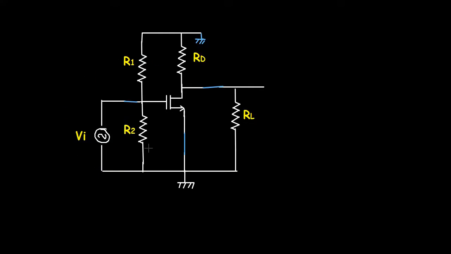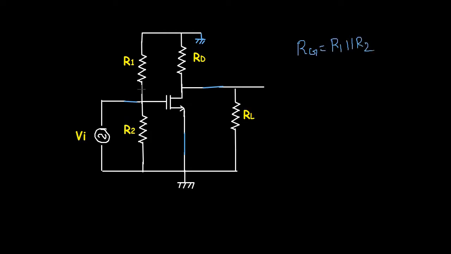In this figure we can identify that R1 is connected between the gate and ground, and R2 is also connected between the gate terminal and ground terminal. So R1 and R2 are in parallel combination, and we can replace them by Rg. That is, Rg is equal to R1 parallel R2.